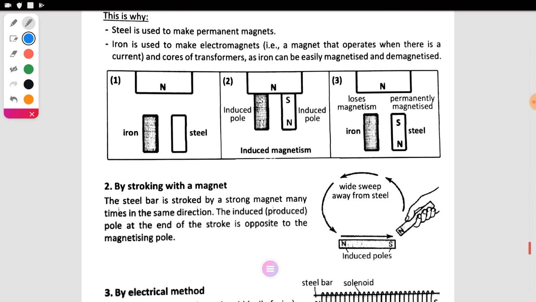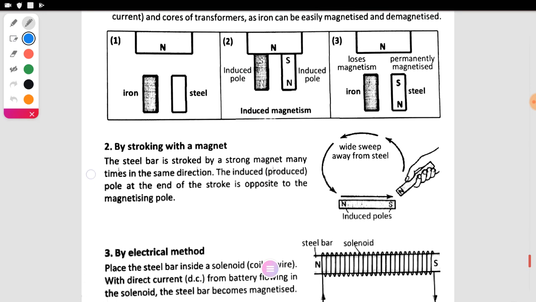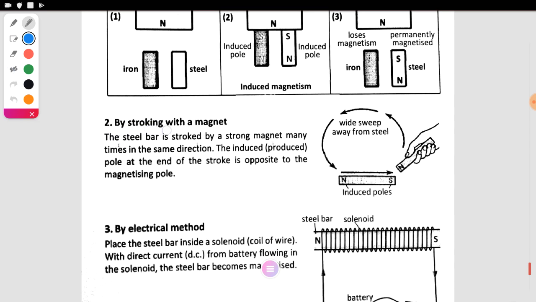The second method is stroking with a magnet. Stroking with a magnet means that we move the magnet in one direction using one pole. This is called stroking with a magnet.